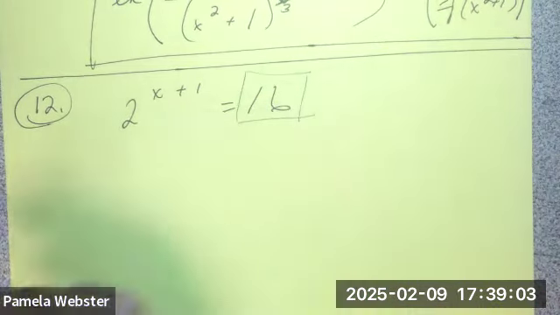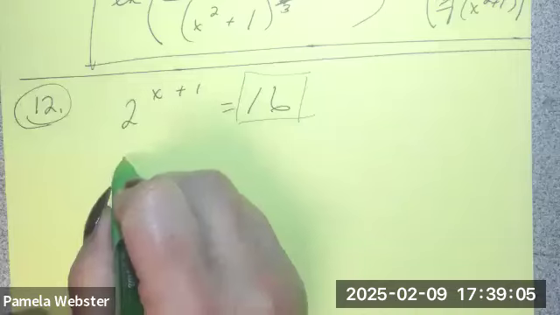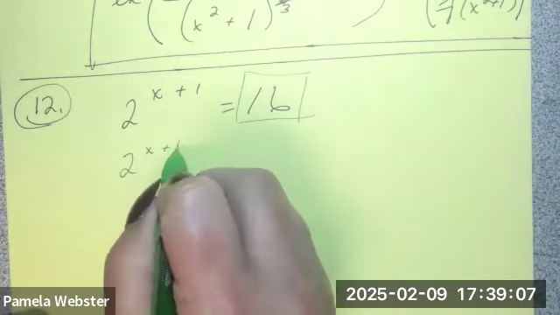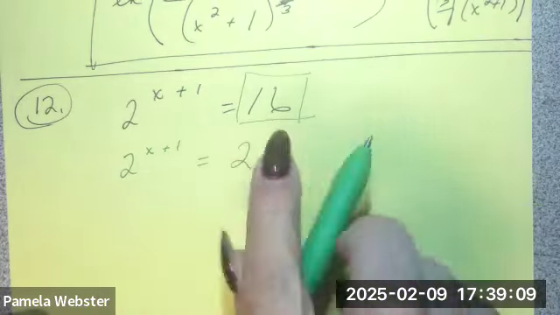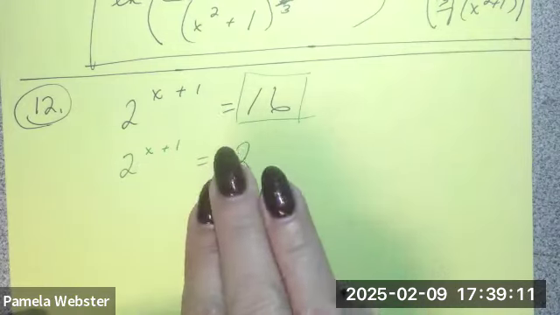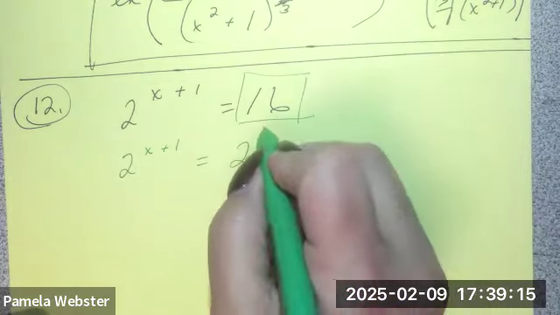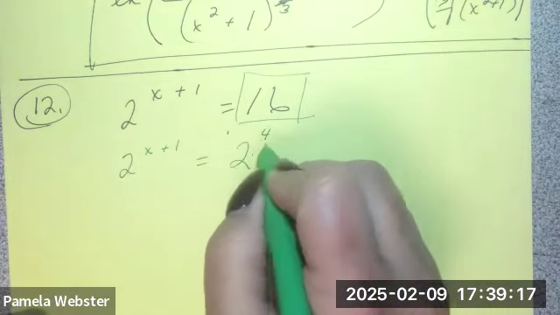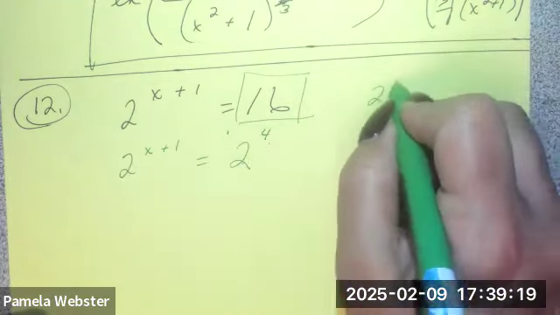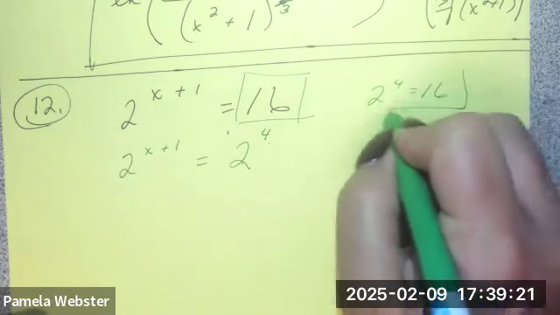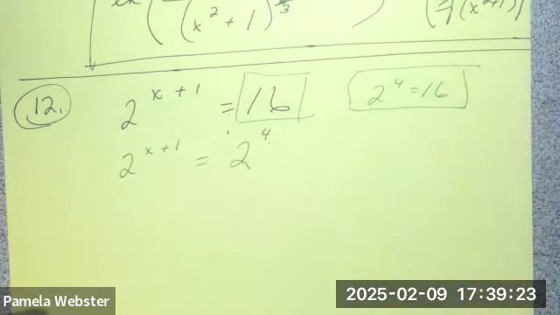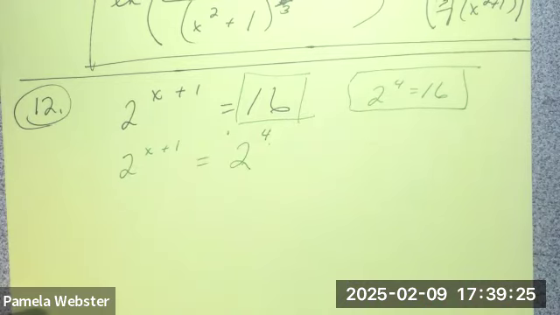I'm going to focus on the 16. And hopefully everybody knows that 16 is 2 times 2 is 4, times 2 is 8, times 2 is 16. So 2 to the fourth power is 16. That's just a little side note. It is a perfect fourth power.